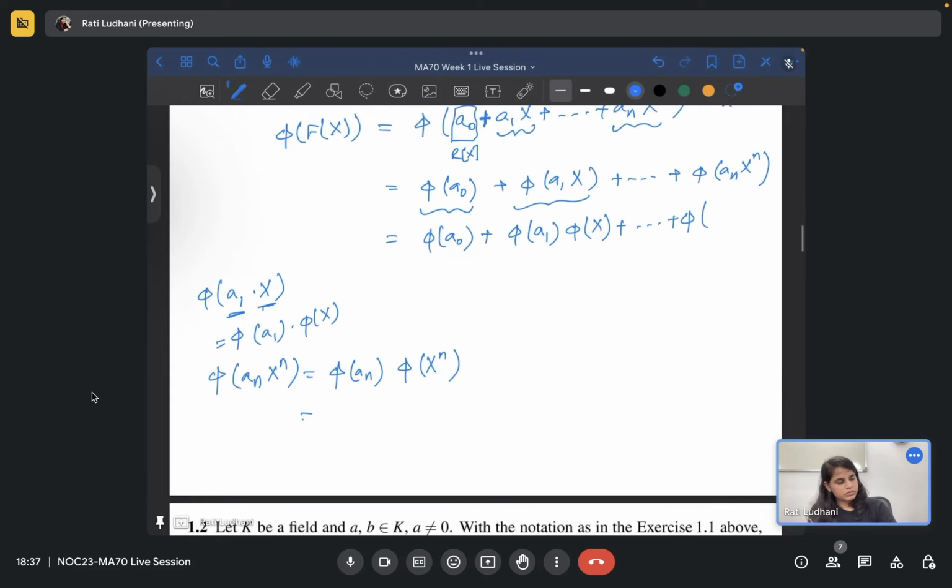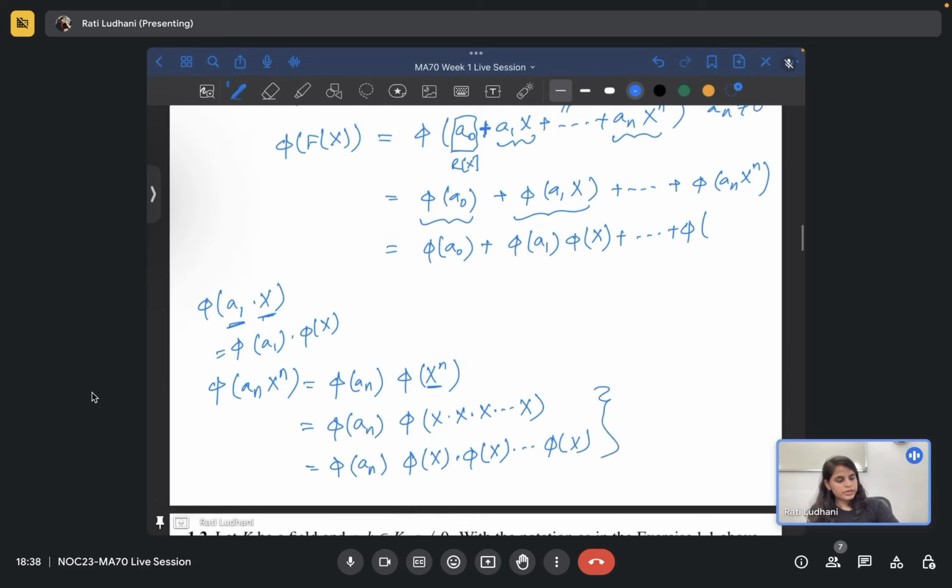Moreover, we can split more. What is this? x into x into x into x. So you can again apply this multiplication ring homomorphism requirement. So I'm doing it recursively.